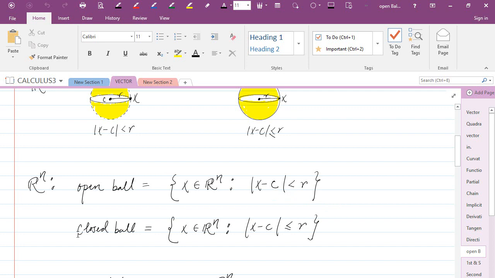And the closed ball is the collection of all points x in R to the n where the distance from x to c is less than or equal to r, where c and r are fixed. So this is giving us a closed ball, this is giving us an open ball.